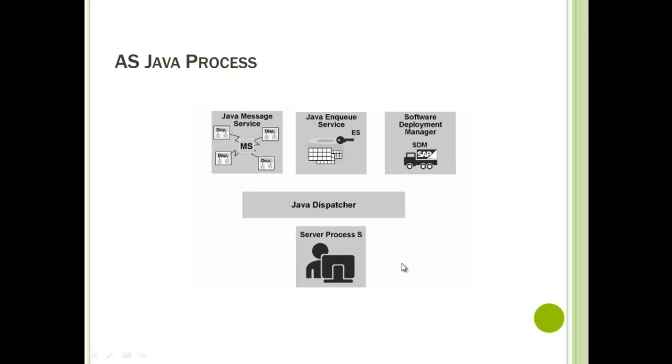The ABAP application server ABAP system is a complete infrastructure in which ABAP based applications can be developed and used, and the application server Java system is a complete infrastructure for developing and using J2EE, that means Java based applications.